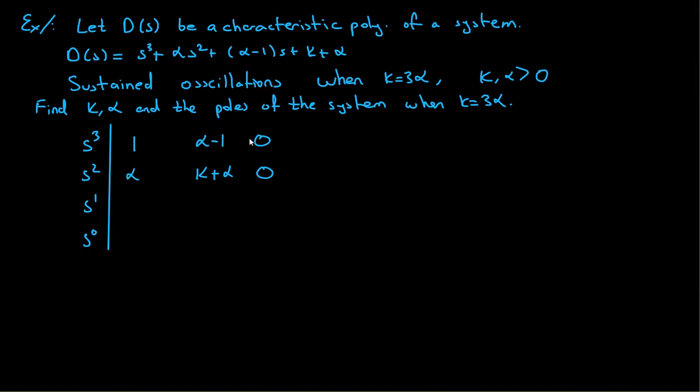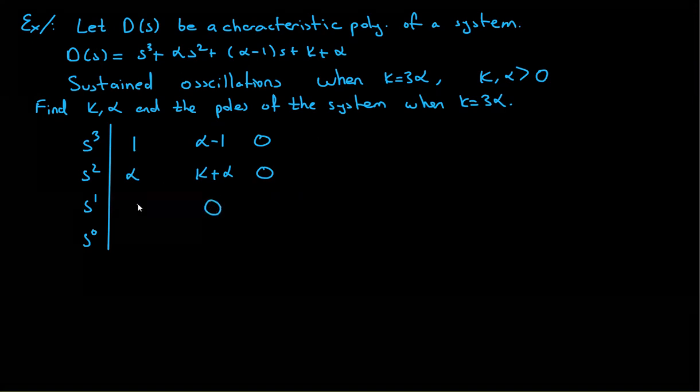Okay. And that term is, for example, alpha times 0 minus 1 times 0 divided by alpha, which is equal to 0. And let's compute this term over here. And this term will be simply equal to alpha times (alpha minus 1) minus (K plus alpha), divided by alpha.